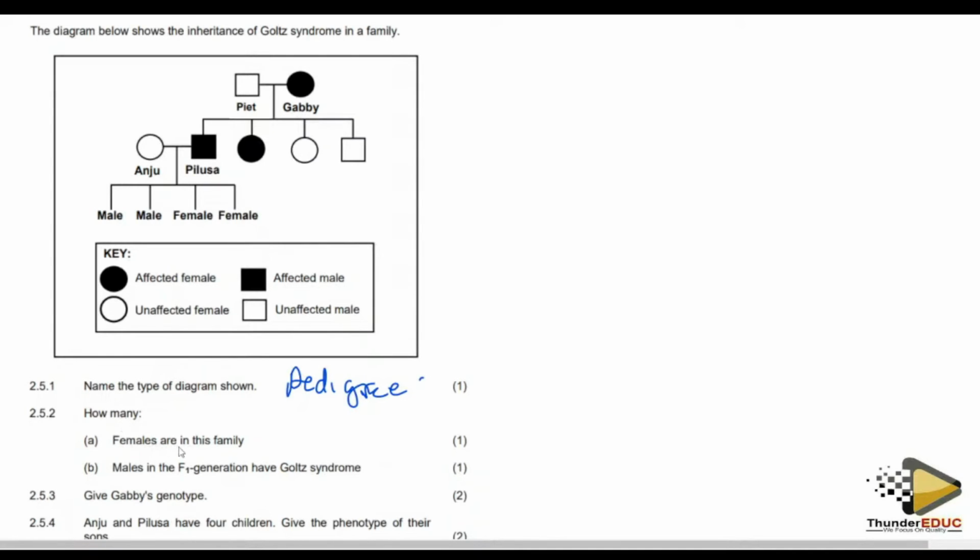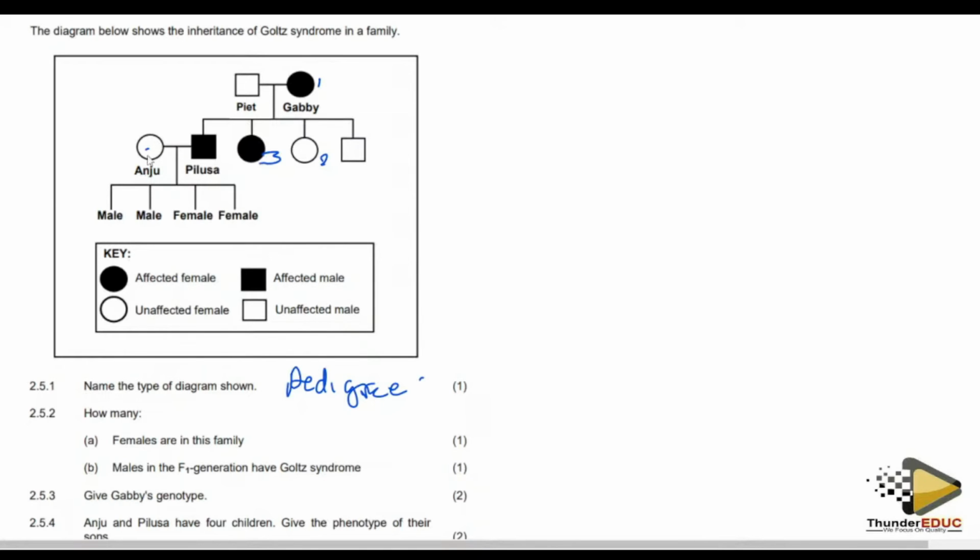How many females are in this family? Remember, circle means a female. Yes, it's one, it's two, it's three. What about this? This one is not a member. It just came to get married. But they're saying how many females?